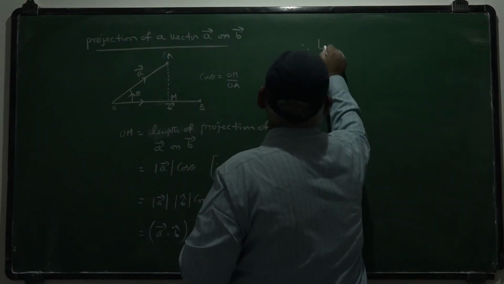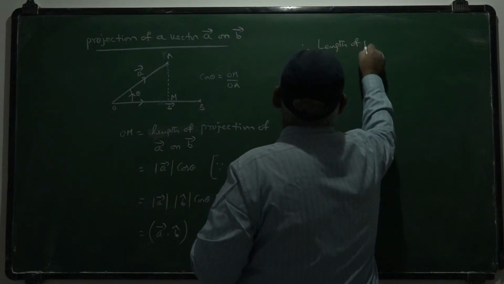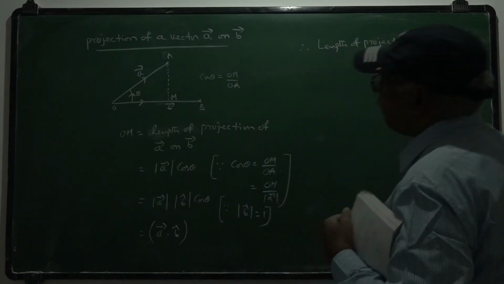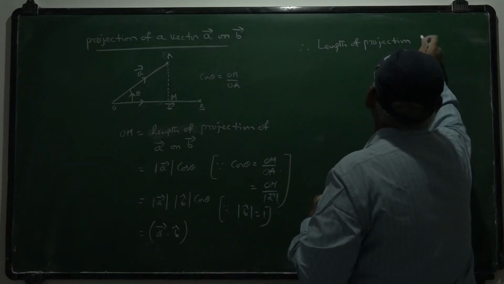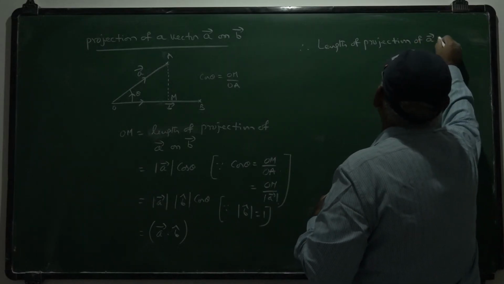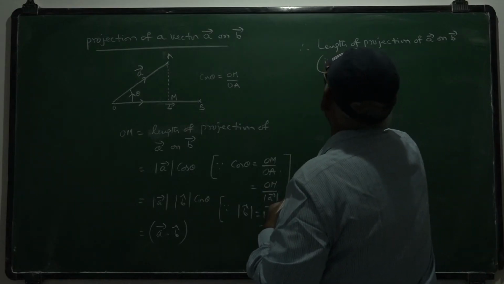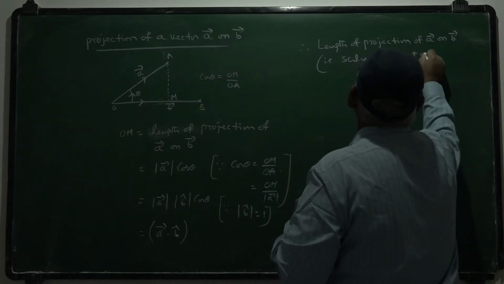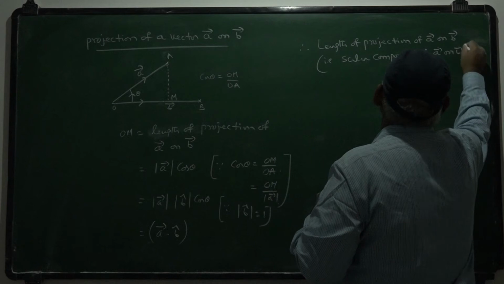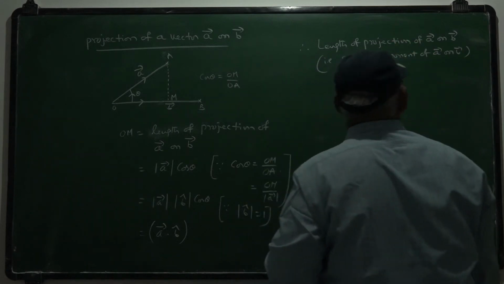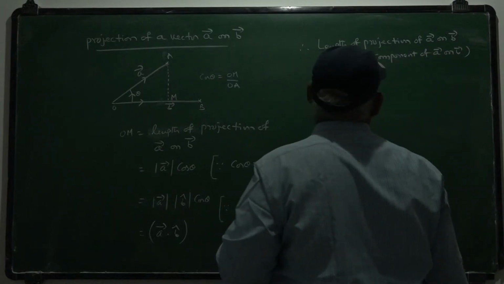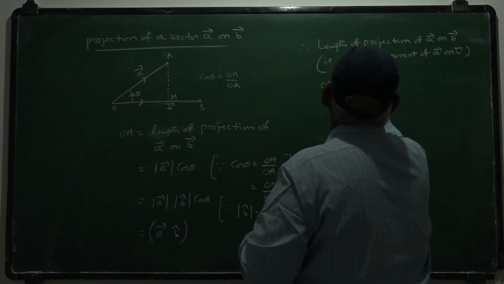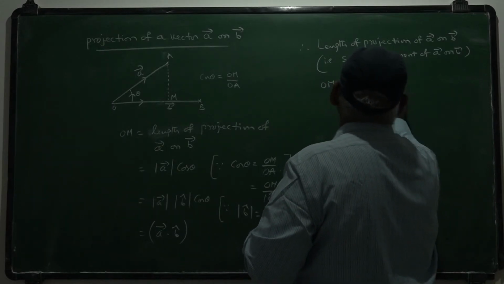Therefore, the length of projection, or simply scalar component, of A bar on B bar, one and the same, is given by OM equal to A bar dot B bar by modulus of B bar.